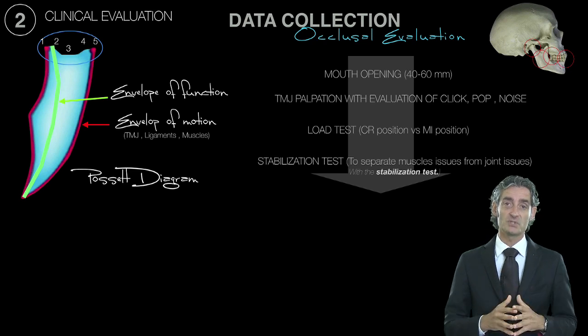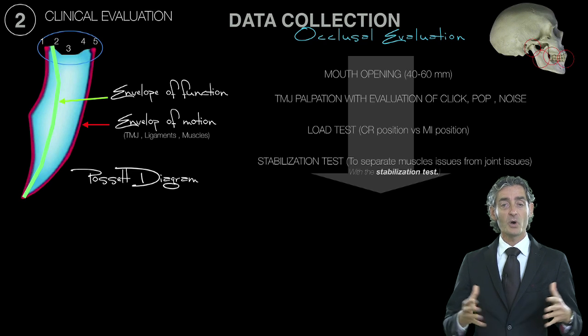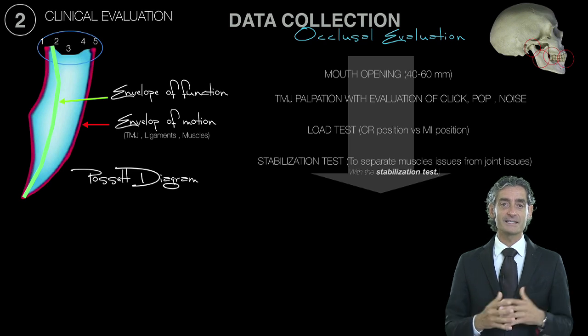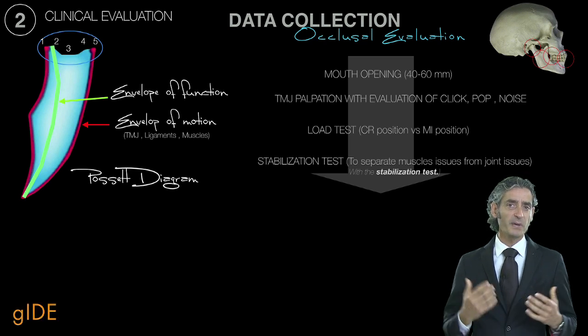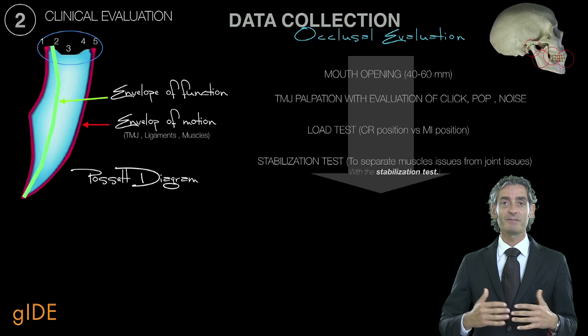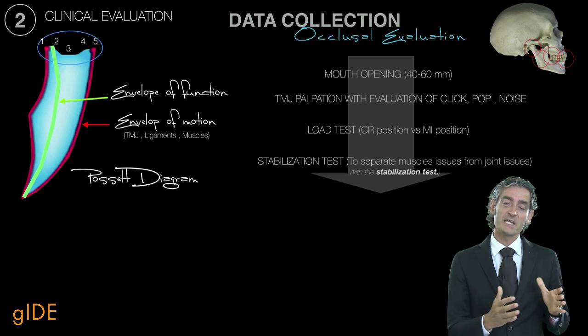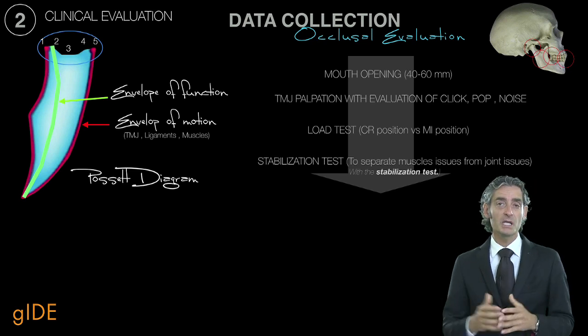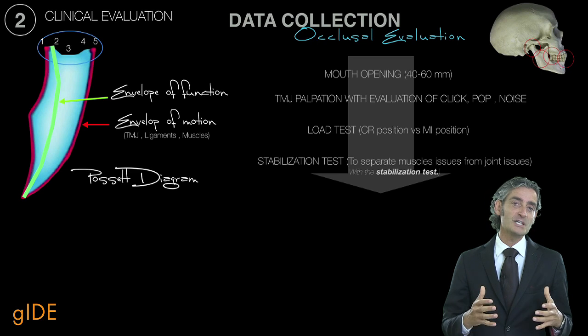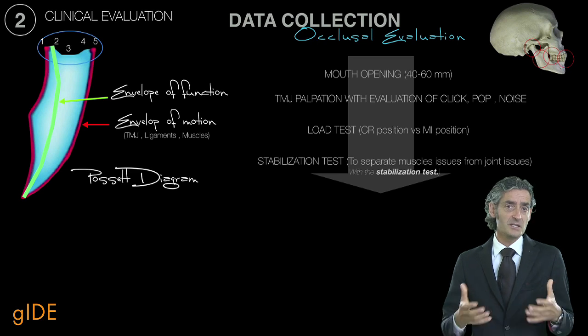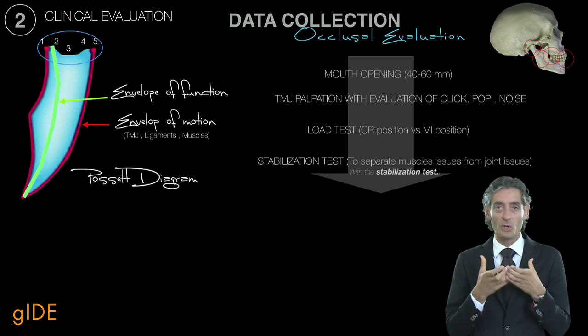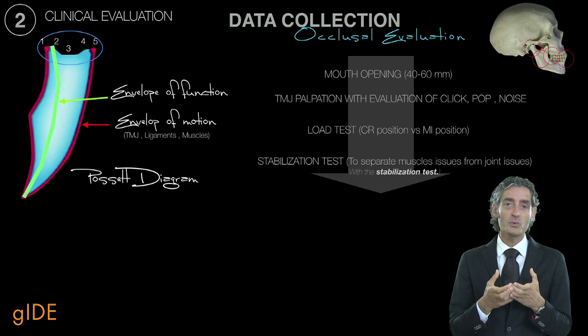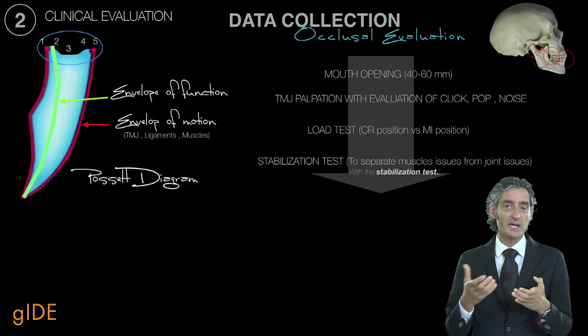Much more, if we have to analyze if the patient has some trouble, some pain, and we want to evaluate if it's a pain related to the muscle or to the TMJ, what we can use is the stabilization test. And this is something different. We have to keep the mandible of the patient fixed, and then we ask the patient to move to one side, for example.